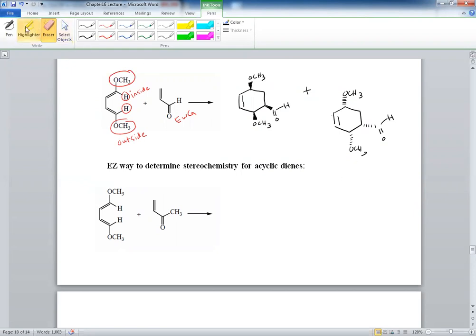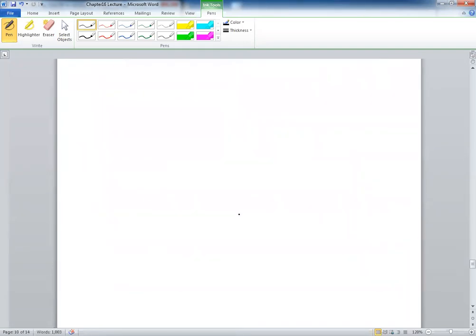But do not draw one of them pointing in and the other ones pointing out. So for example, this is incorrect. So this is incorrect. They have to be all on the same side. So that's an easy rule for you to remember.